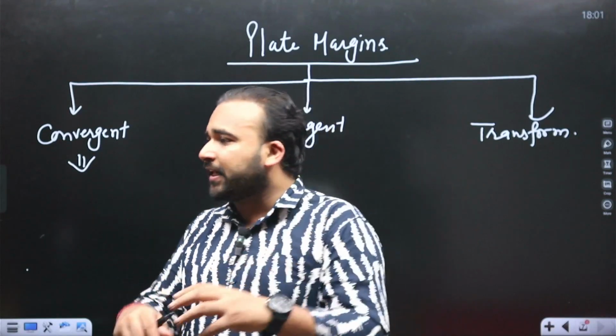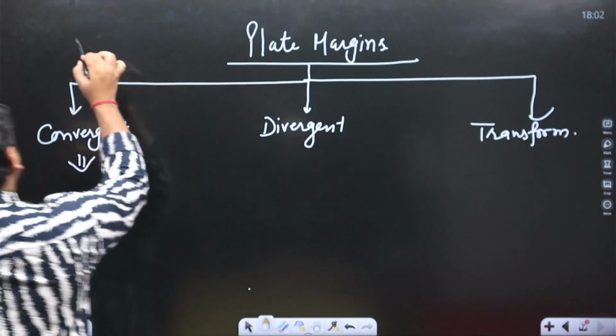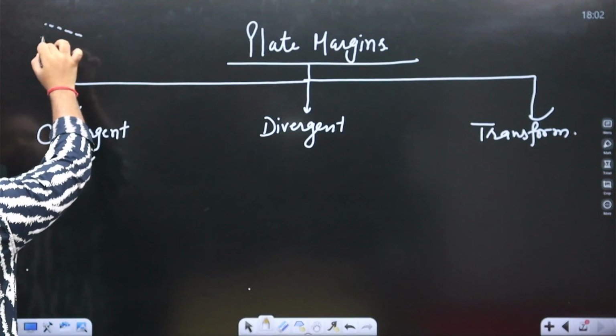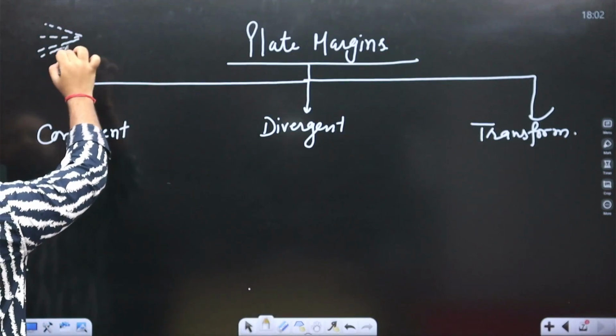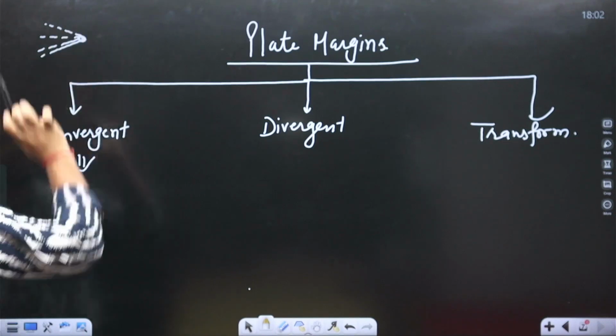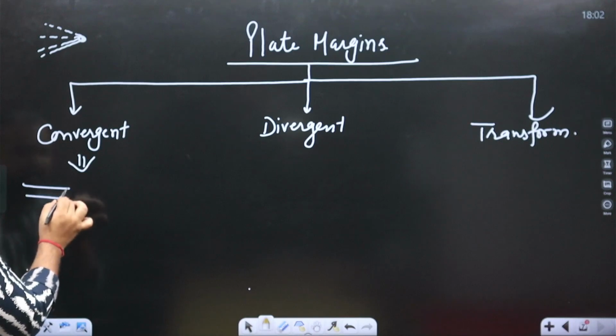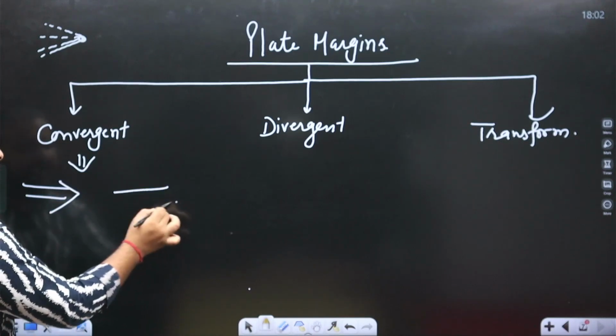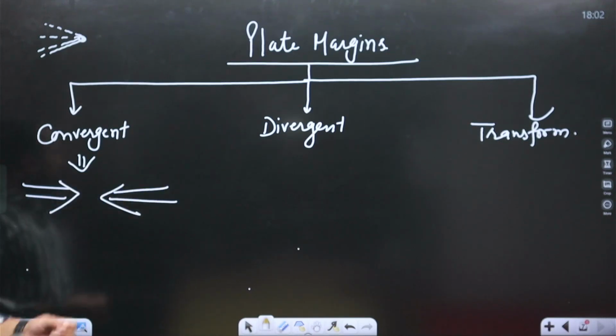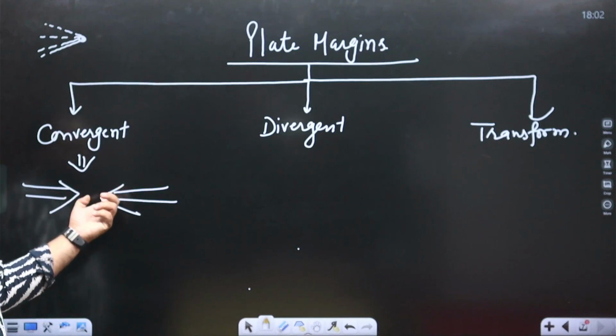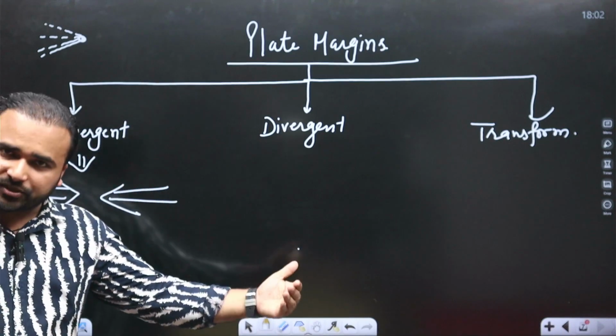In a convex lens, the energy is concentrated or focused at a point. So in convergent plate margins, when two plates move towards each other, it is convergent.